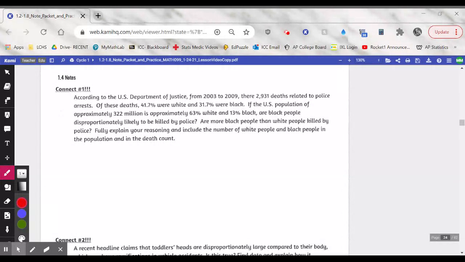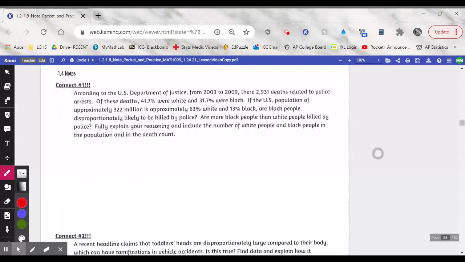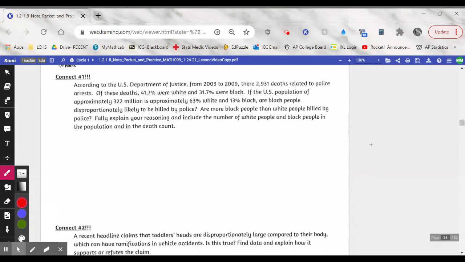Okay, so this one is a longer problem that we have here. The first thing that I want us to do here is find the numbers for the number of deaths and the number of people overall in the population.